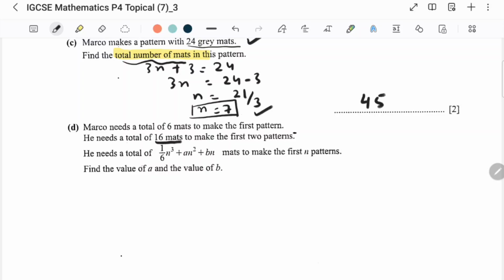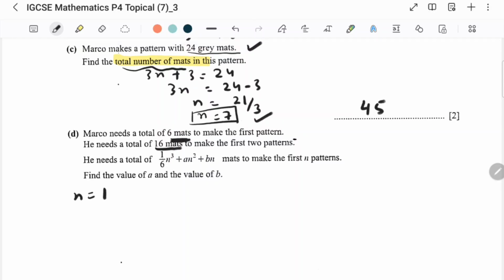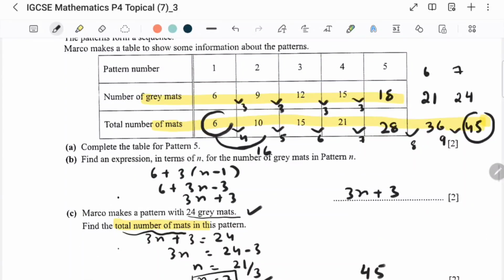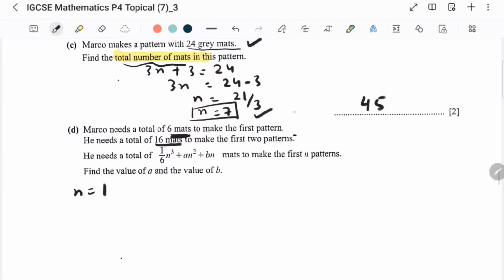When n is equal to 1, he has 6 total mats, and it's given also, and they have given the hint also. Total is 6 mats, so just put it in the equation they gave you.